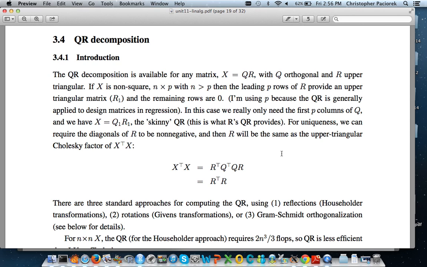So the skinny QR basically is you do the QR and just return this part of the Q matrix and this upper triangular R matrix. Then Q is n by P and R is P by P, instead of the dimensions I showed there.